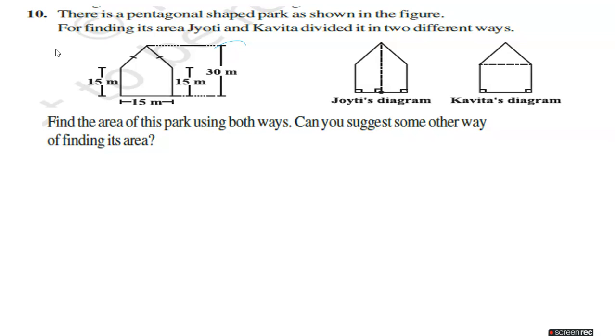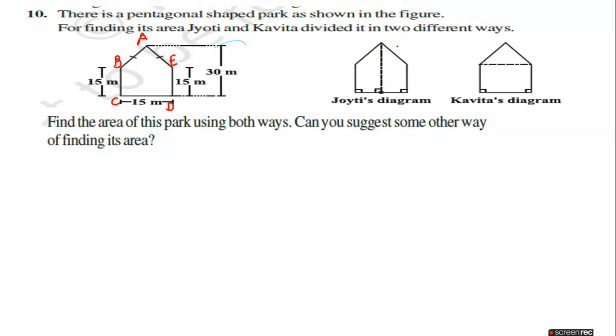Can you suggest some other way of finding its area? Okay, first we will give some notation: A, B, C, D, and E. Clockwise also you can go, otherwise anti-clockwise also you can go, but the pattern should be the same everywhere. If you are writing clockwise notation, then everywhere you have to write clockwise. Otherwise, if you are writing anti-clockwise, then anti-clockwise you have to maintain.